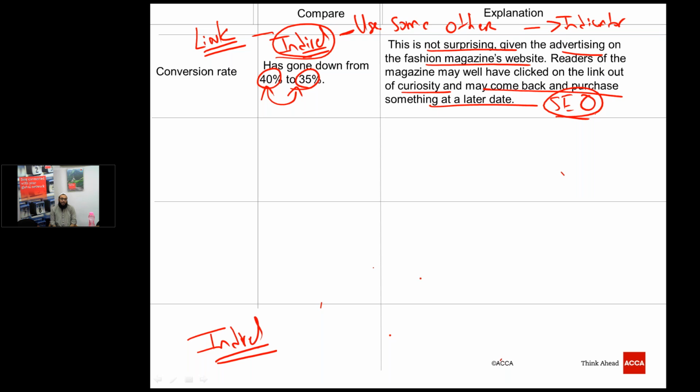So one can say that many artificial visitors came, but they didn't buy. They just came there, they just saw the website, and since they didn't buy, that's why the conversion ratio went down.